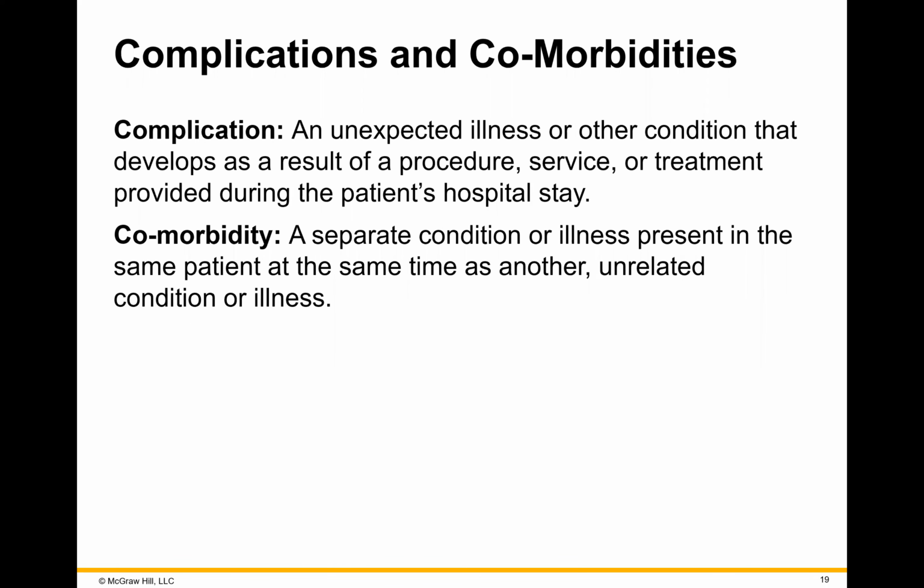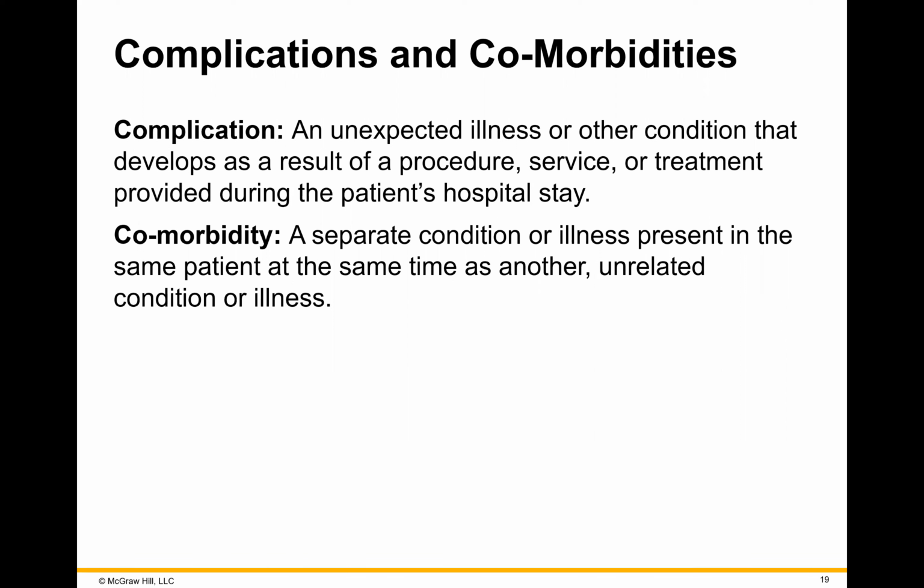And that was okay for a while, but years have gone by, and now they're saying that not every hospitalization within each DRG was being reimbursed appropriately. So then we had a way of parsing it out, and that's due to complications and comorbidities. A complication is an unexpected event that develops as a result of the treatment during the hospitalization.